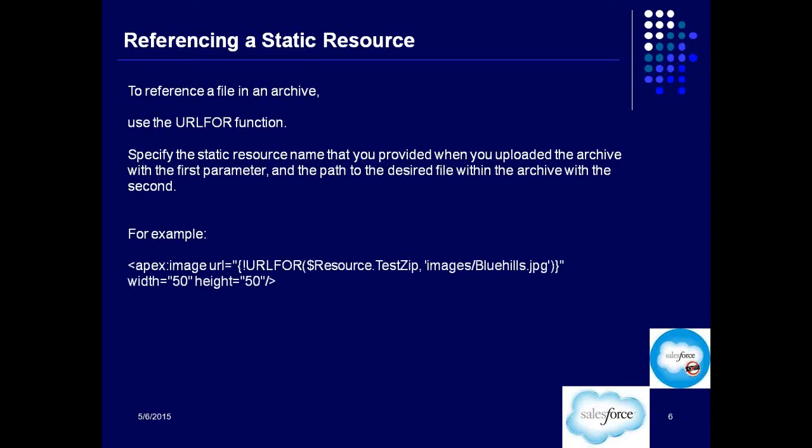Instead of using $Resource alone, you write URLFOR($Resource.folderName, then a comma, and then the location of the file. So inside that particular zipped folder, there is another folder called images, and inside that there is something like bluehills.jpg or your sfdc_logo.jpg. You reference it in this way. All right, so this is how we use static resources.